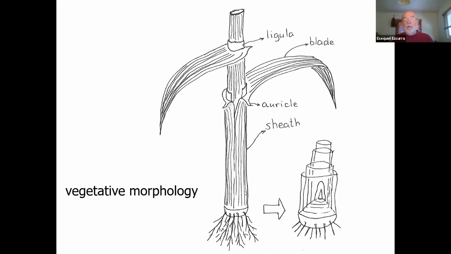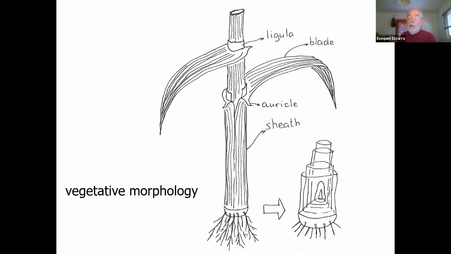So much so that when the sheaths dry, when the grass, if it's an annual crop, reaches the end of its life, you can actually cut this, and the dry stem that is known as a straw, you can use it actually to suck liquid from a cup, for example.